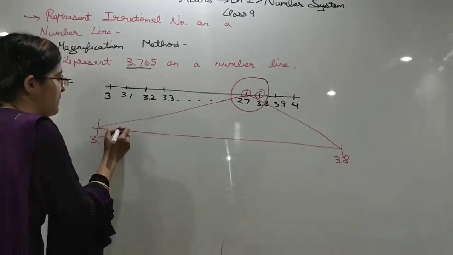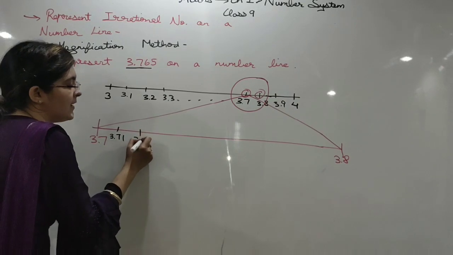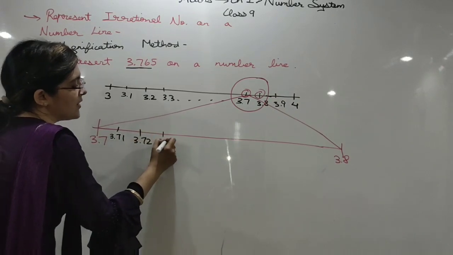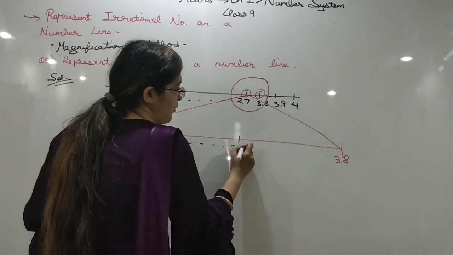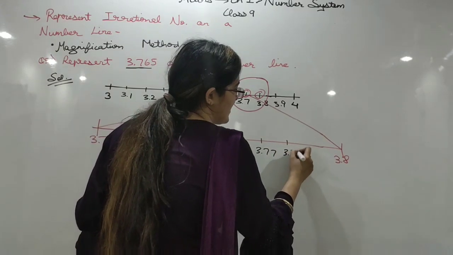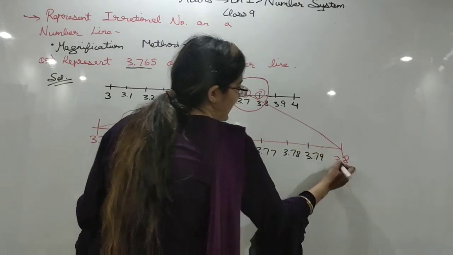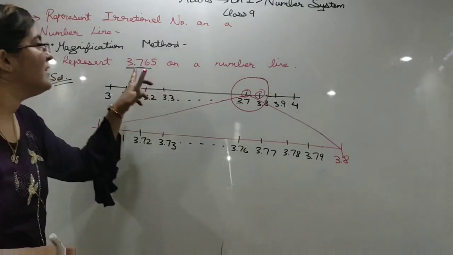Now write the points in between them. What will they be? 3.71, 3.72, 3.73 and so on, 3.76, 3.77, 3.78, 3.79 and 3.80. Clear students?